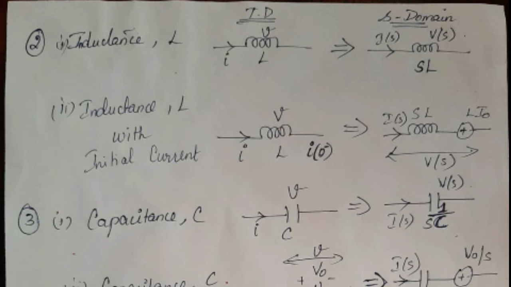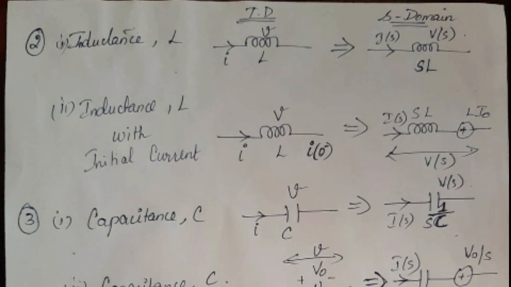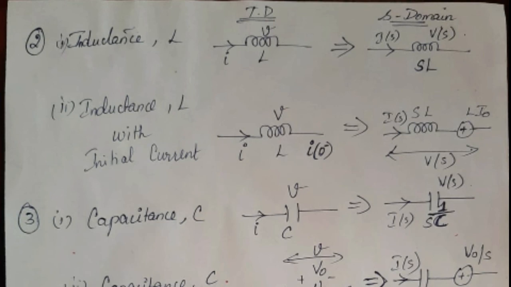By considering all these parameters for a resistor, inductor and a capacitor, the current and voltage in time domain can be converted into S domain by using Laplace transform, and again converted to time domain by using inverse Laplace transform. Laplace transform is considered only for the calculation purpose, and it will be very easy to calculate the values for the responses which we obtain from the circuit.